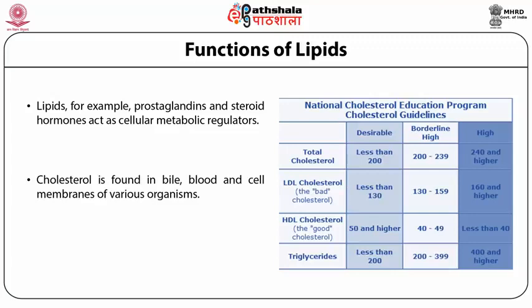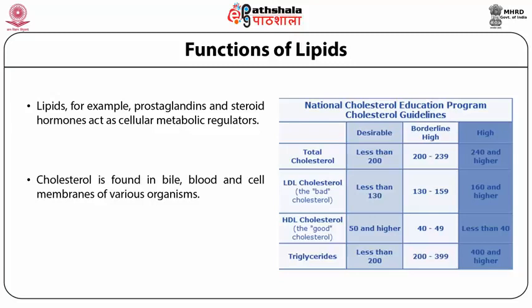Similarly, the low density lipoprotein cholesterol, also referred to as the bad cholesterol, is required in a desirable amount of 130. A concentration of 160 or higher gives an impetus to check the level for proper functioning.